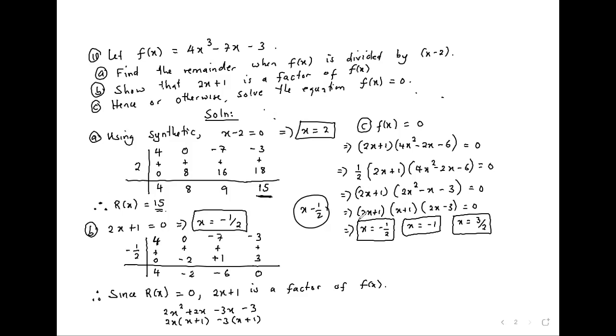over 2. So where I want you to be more careful is when you are given the coefficient of the divisor not 1. So you have to be careful when you arrange your polynomial for solving as an equation.